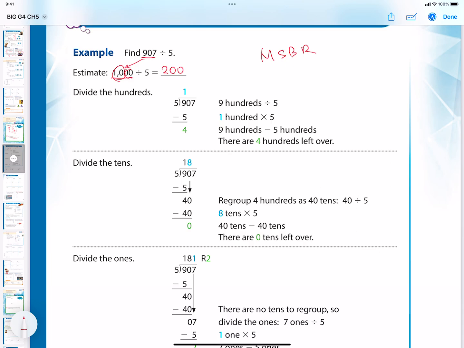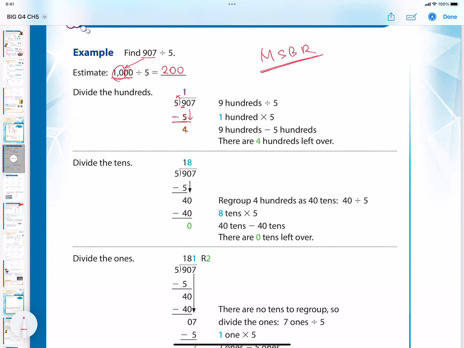Okay, they did everything for us, and this is the same process we were practicing. This MSBR process. Okay, look at this first digit. 5 can fit into 9 by 1, right? 5 times 1 is what? 5. When you subtract, you have 4. And the second step is what?